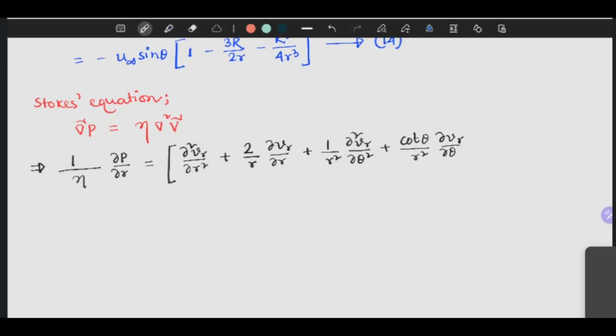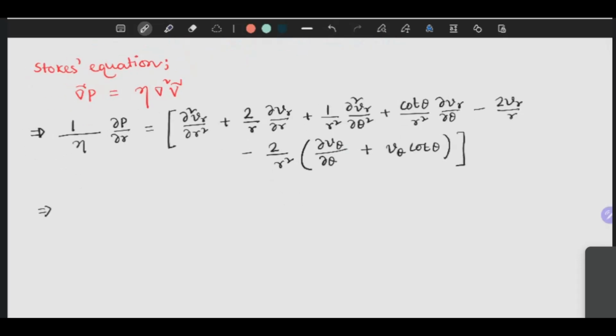So this is a long calculation. I just want to write the expression, 2 by r square del V theta by del theta plus V theta cot theta. Okay. So now if you get this, then this part and this part cancel out, right?